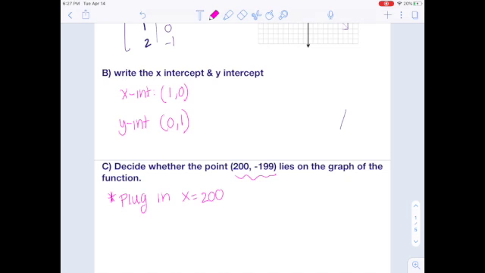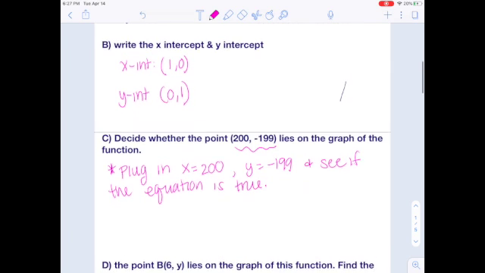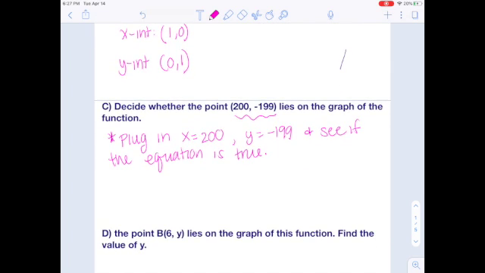You plug in x equals 200 because that's an x value, and y equals negative 199, and see if the equation is true. If the equation is true, that means the point is on the graph. If your equation is false, then that point does not lie on the graph.